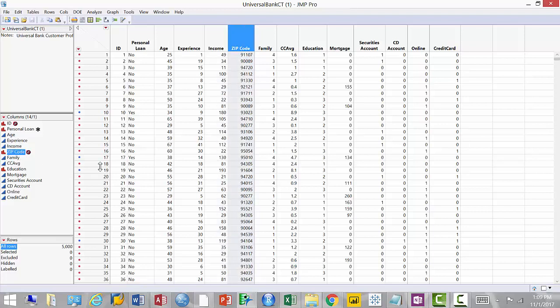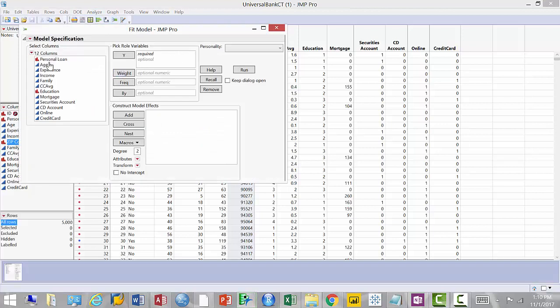So here's what we did in the previous class, if you remember. We said probably, and that is just our guess, that income is the strongest predictor that will tell you whether or not a certain person is likely to accept a loan. So let's use for now a very simple model and build it.